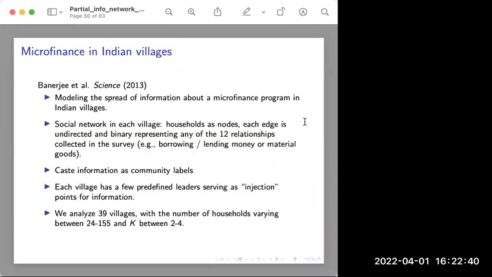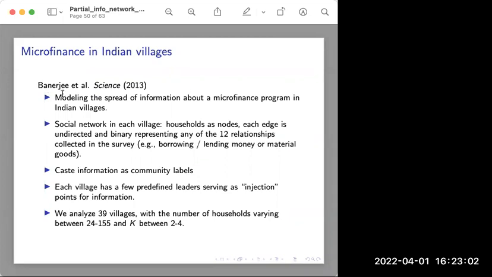And finally, this data set is about the introduction of a microfinance program in Indian villages, and has a very rich structure, with independent sets of social networks, node covariates, microfinance program participation rate, and so on.